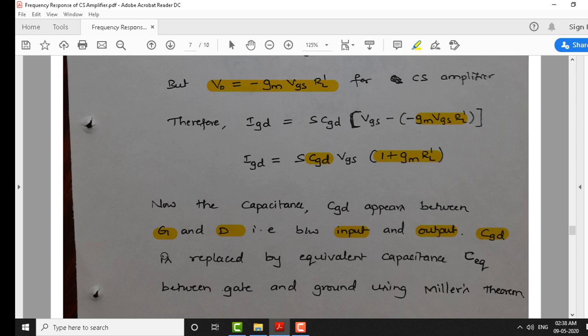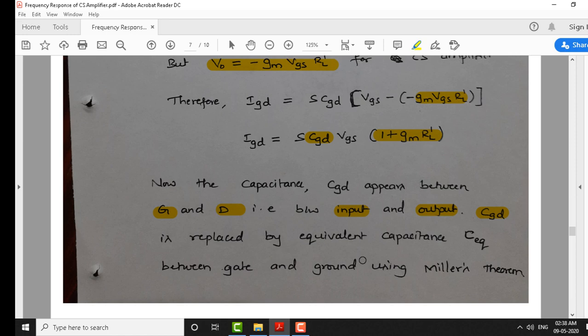To separate it between the input and output, we should apply a theorem called Miller's theorem. Miller's theorem divides the capacitance connecting input and output into separate input side and output side capacitances. We are going to use Miller's theorem because in the common source amplifier CGD connects both input and output.